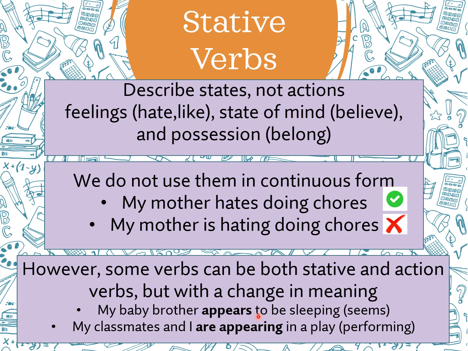For example, the word appear. Appear is the verb. Now, appear is stative. My baby brother appears to be sleeping. Nampaknya seperti tidur. Yang maksudnya nilai seems, nampaknya seperti sedang tidur.